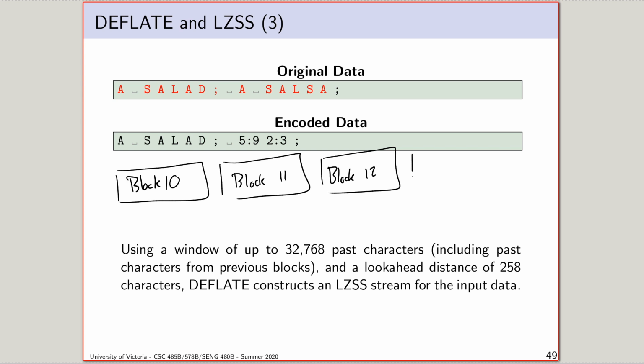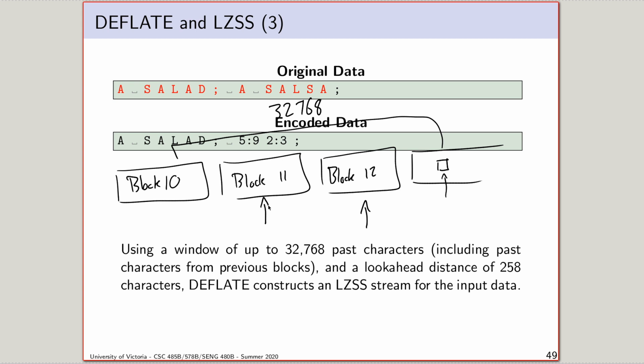If I am encoding block 13, and I am looking at this character here, I am allowed to make back references into the last 32,768 characters, even if those characters bridge over into previous blocks. I'm literally looking at the last 32,768 decompressed symbols, and I'm allowed to use any of those for my back reference. There's no requirement they be in the same block. There's also no requirement that these blocks have been encoded with LZSS. They could have been encoded with type 0. It makes no difference. Just any of the previous 32,768 characters.